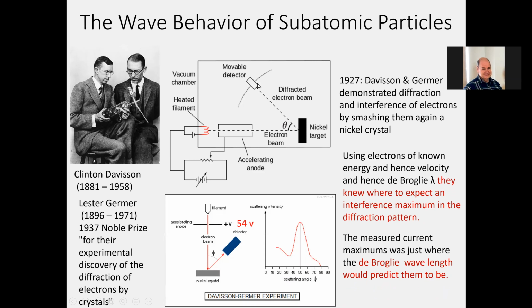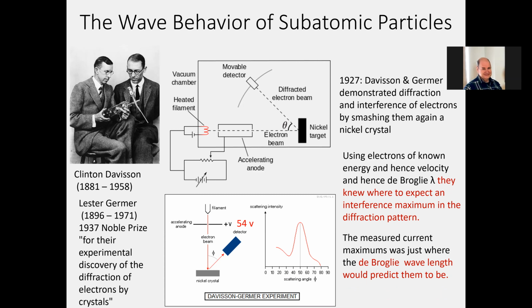Instead, they set up a detector which detects electrons in terms of an electric current, the amps being given off. And sure enough, as they swing around measuring the current in different places, they get the highs and lows just where the light diffraction pattern would be.